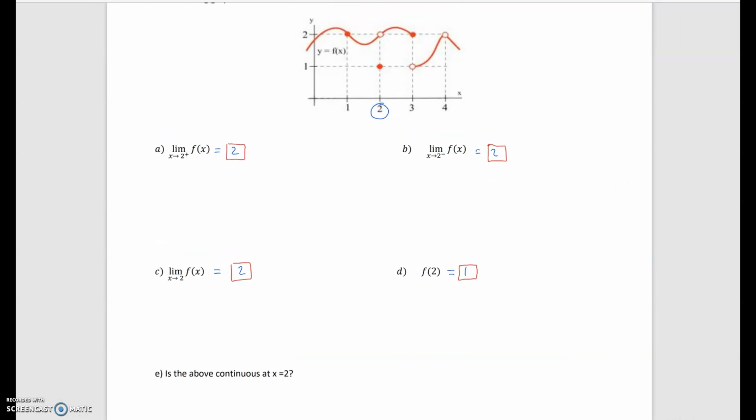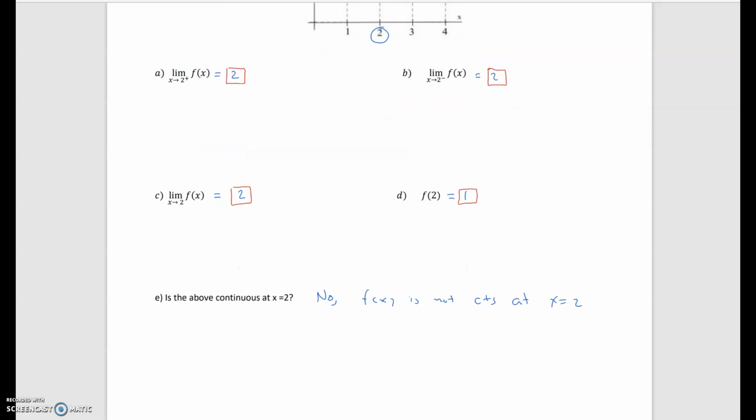We would say something along the lines of no. F of x is not continuous at 2 since the limit as x approaches 2 of f of x is equal to 2, and f of 2 is equal to 1.